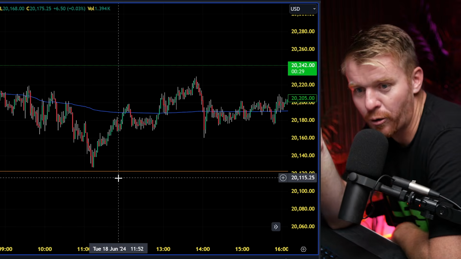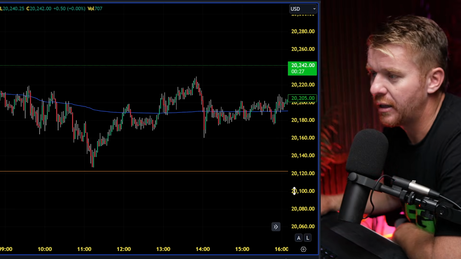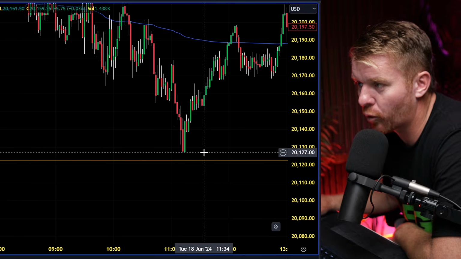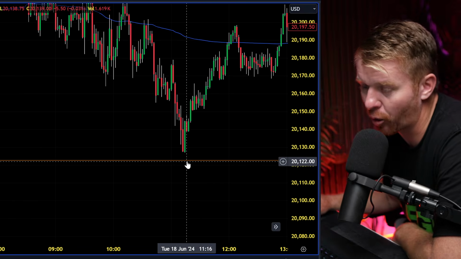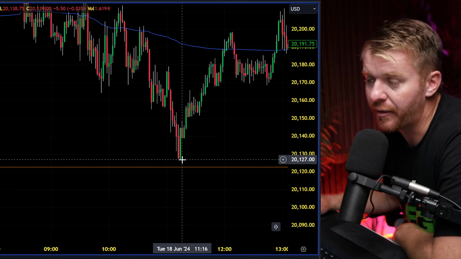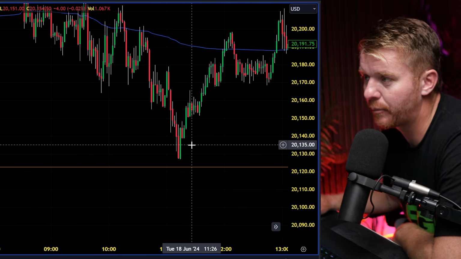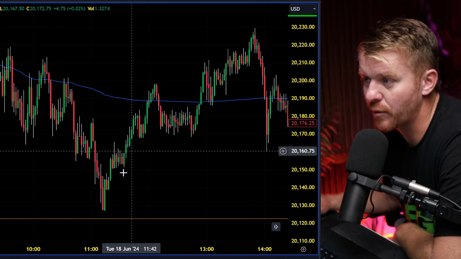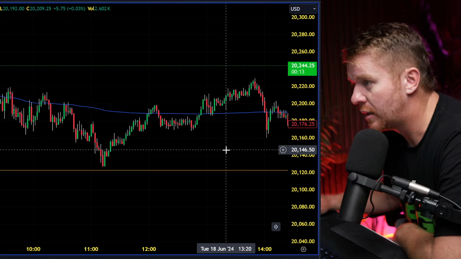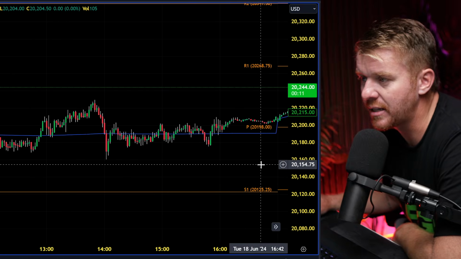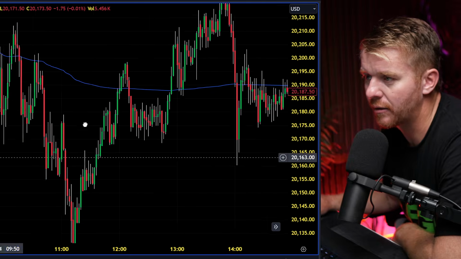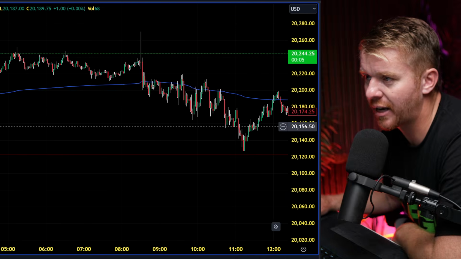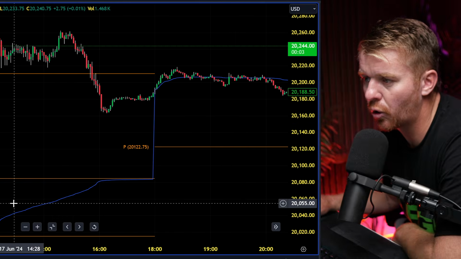It creates an artificial level where the market might bounce before it hits the pivot point, right on the dot. It's not always perfect, but we know that if the market pushes off that pivot point, there's a very good chance that we retest the level, that we start to look for opportunity. It's something to always keep in mind, right? I'm looking at those pivot points, and I'm looking for setups, and I'm looking for moves always.